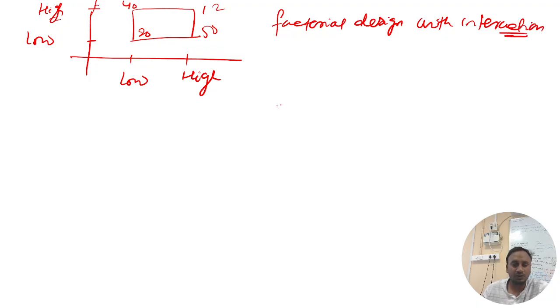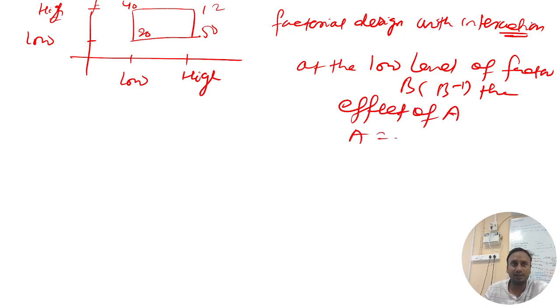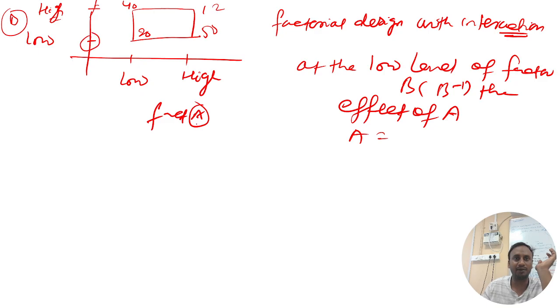Okay. So in that case, at the low level of factor B, that is B minus, the effect of A will be what? This is factor A, this is factor B. At the low level of factor B, what will be the effect?